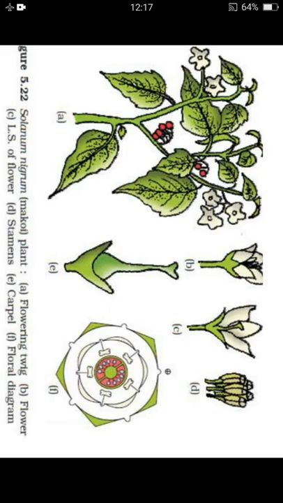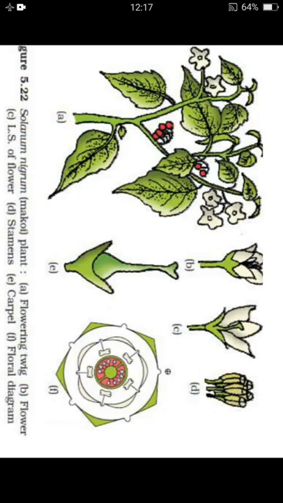What is meant by cymose inflorescence? In cymose inflorescence, we are seeing one important specific characteristic. New flowers are present at the base region, and old flowers are present at the apex region or top region. Understood?